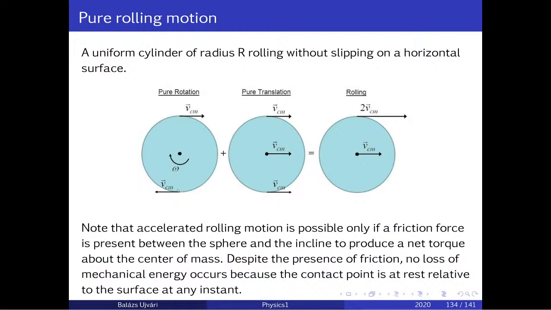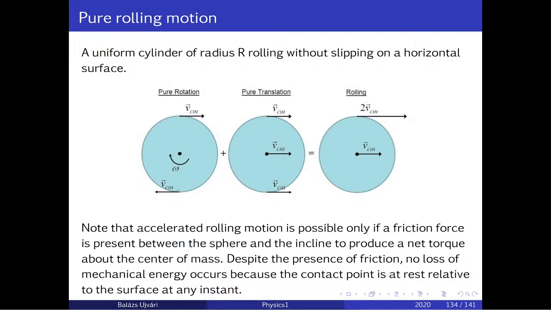So the pure rolling is technically how the wheels of your bicycle or wheels of your car move in a normal situation. It moves, and the rotation of the wheel and the translation of the car are connected. Technically, the velocity equals omega times r. This is the pure rolling.